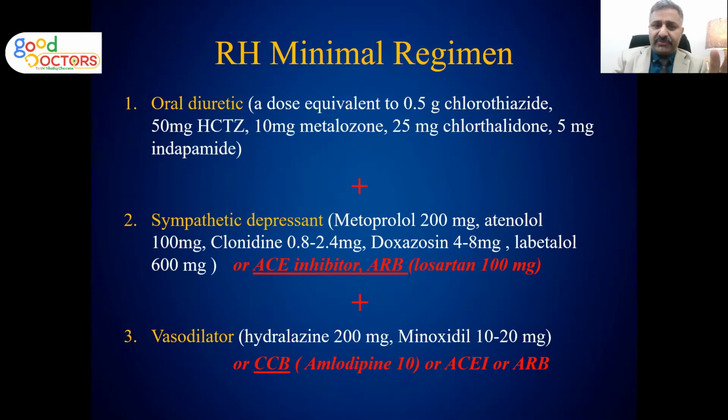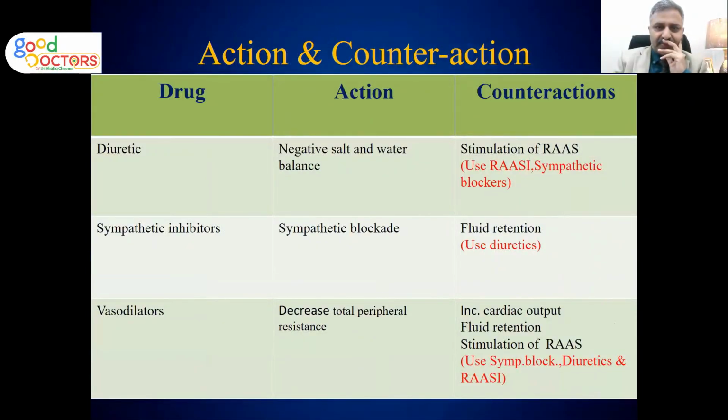So if with this the blood pressure is not controlled, with an appropriate combination at maximally tolerated dosages, then it would be resistant hypertension. And the reason we have used this combination is because every drug has an action and interaction. So a diuretic, by causing negative salt and water balance, will stimulate the renin-angiotensin system.